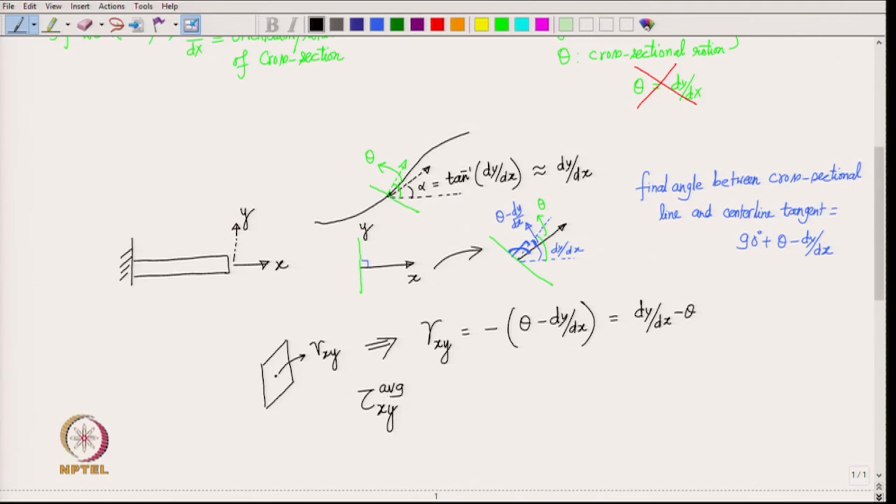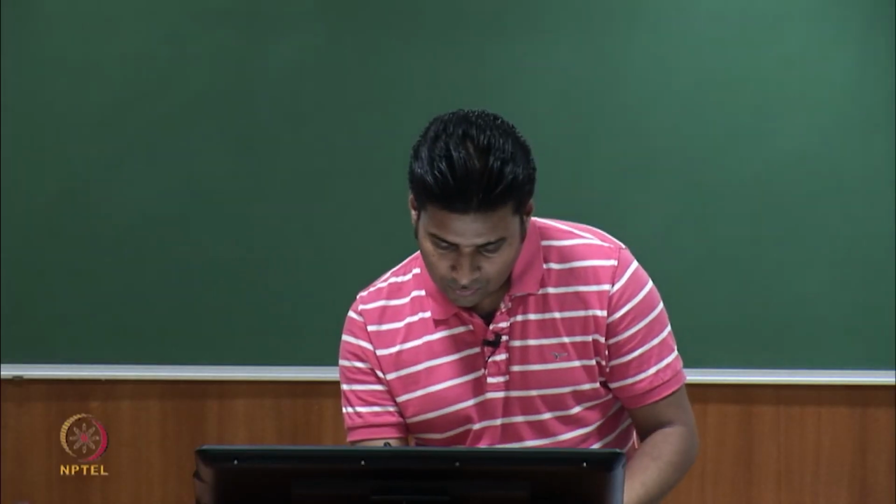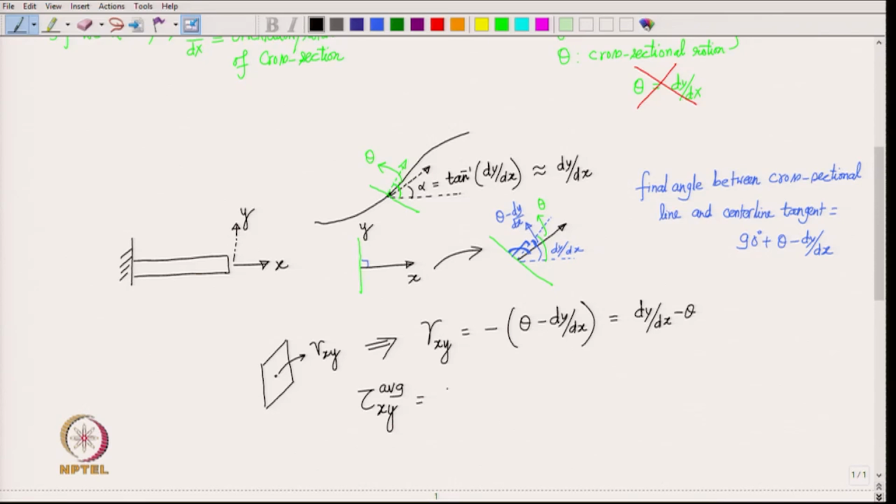You see, it is tau x y because the cross sectional plane is the x plane and we are applying force in the y direction, right. So, it is tau x y or tau y x, but they are the same. So, this becomes equal to V by A, that is the average shear stress.